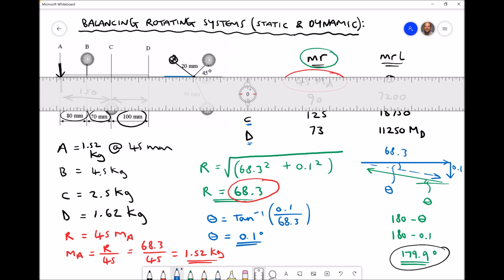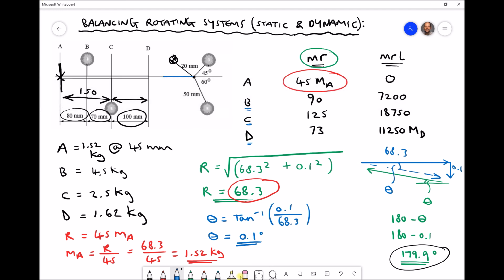We have a length of 45 millimeters. And we have a mass of magnitude 1.52 kilograms. So now we know the magnitude and position of mass A on plane A and the magnitude and position of mass D on plane D in order to put this rotating system into both static and dynamic equilibrium, thus fully balancing this rotating system.